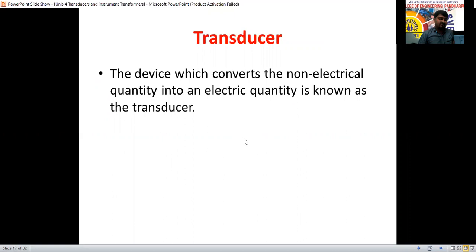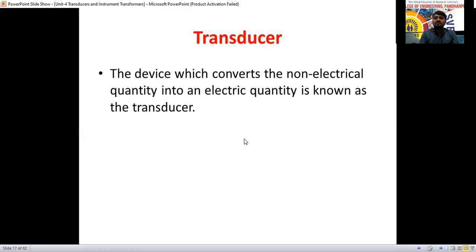Now the definition: what do you mean by transducer? जनरल अभी स्टार्टिंग में बोल दिया मैंने, one form of energy is converted into another form. But when we are studying the electrical branch specifically, we have to give the definition for electrical appliances.